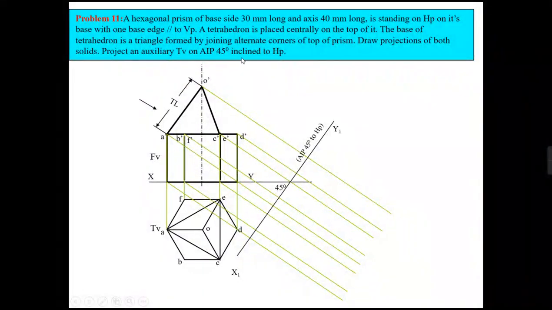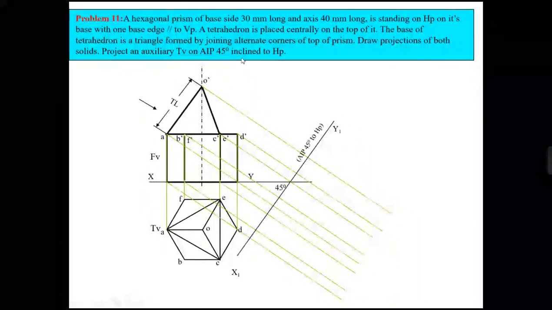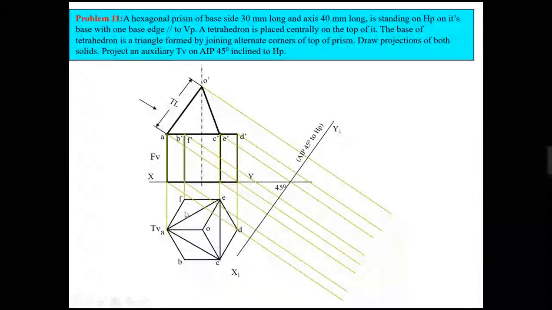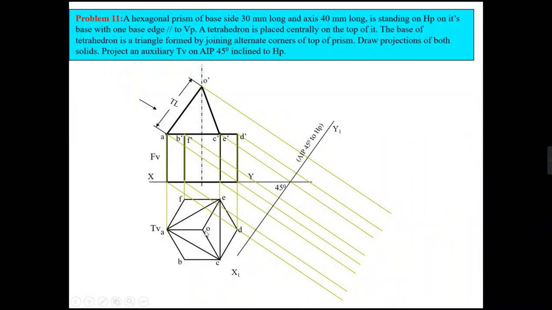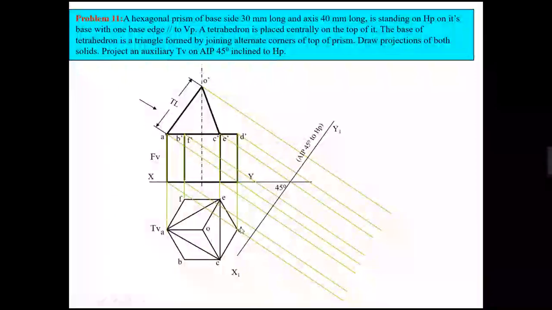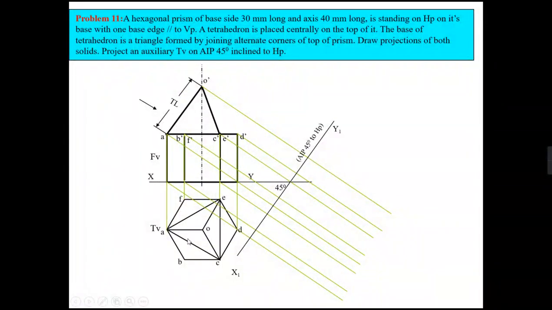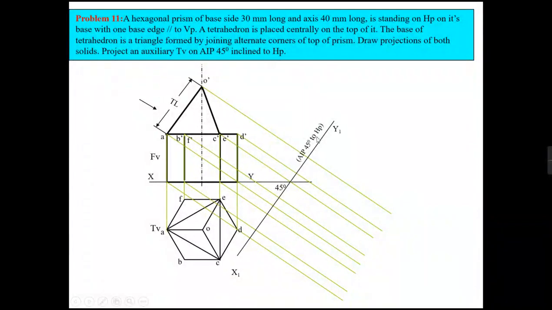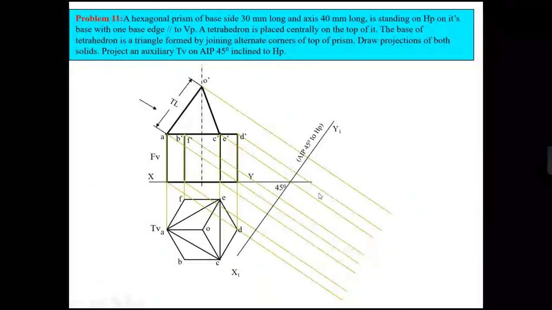As your solid is inclined to the horizontal plane, the distance of the points from the XY line, which represents the vertical plane, if you are seeing the top view, will not change. So I am measuring those distances, and from the XY line I will mark all those points.